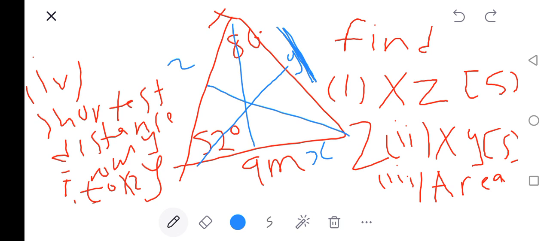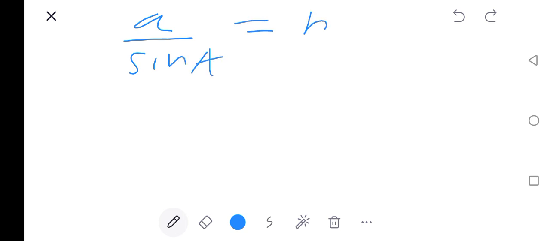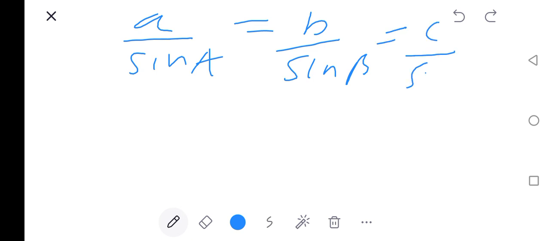The formula that we are given, we don't have a over sine A, we don't have b over sine B, we don't have c over sine C. So you use the letters that you are given.